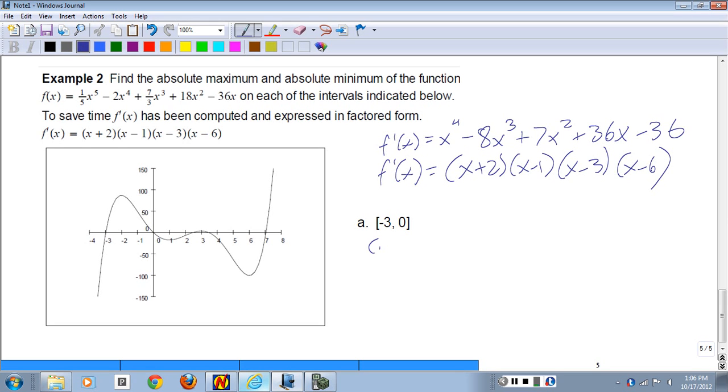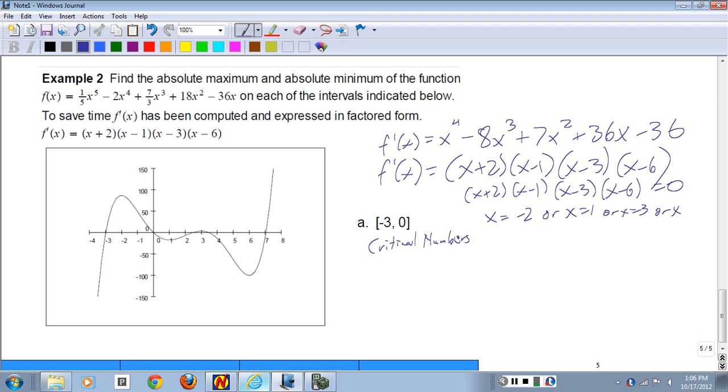So critical numbers, or critical points as they are called, are going to be zeros of the first derivative. So if we say x plus 2 times x minus 1 times x minus 3 times x minus 6 equals 0, then x equals -2, or x equals 1, or x equals 3, or x equals 6.